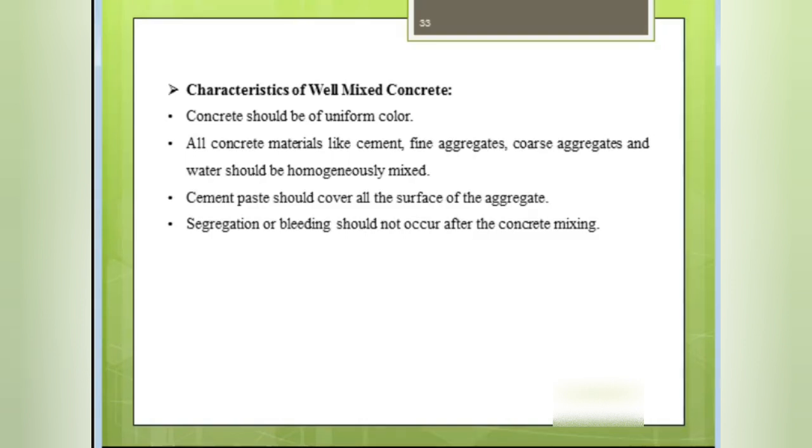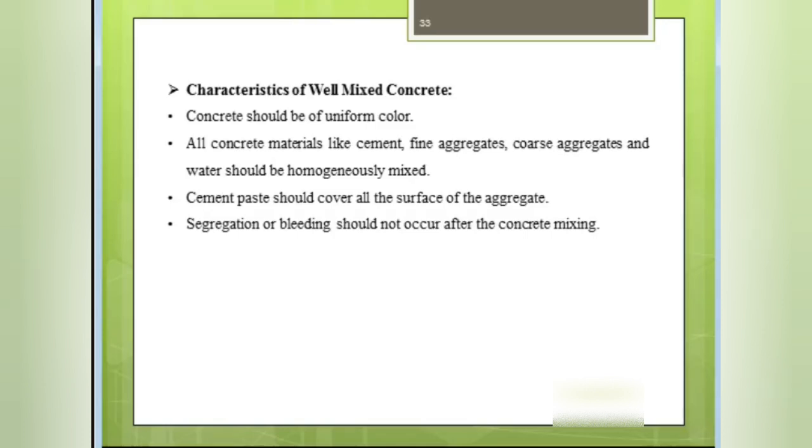All concrete materials like cement, sand, aggregate, and water should be homogeneously mixed. Cement paste should cover all the surface of the aggregate. These are all conditions we have to remember at the time of mixing. One important thing is that segregation or bleeding should not occur at the time of mixing.